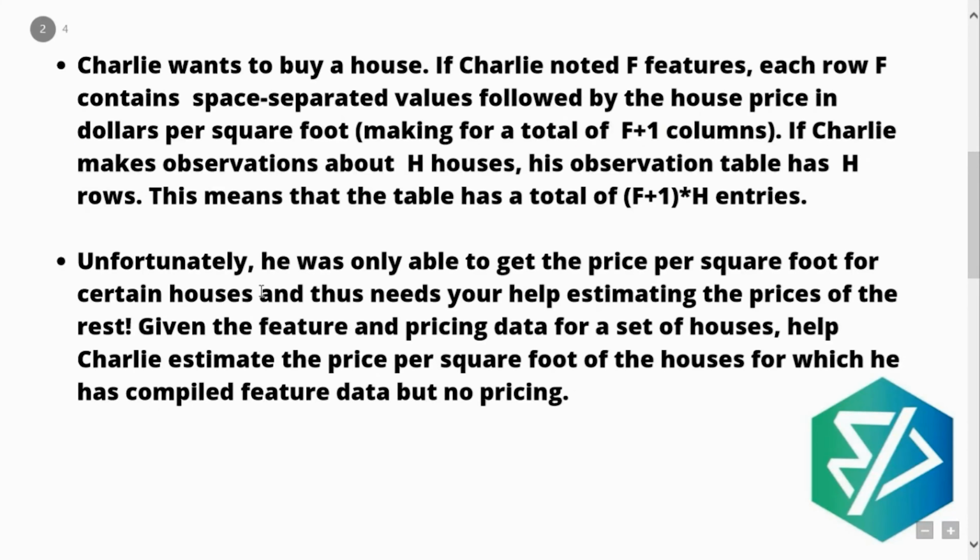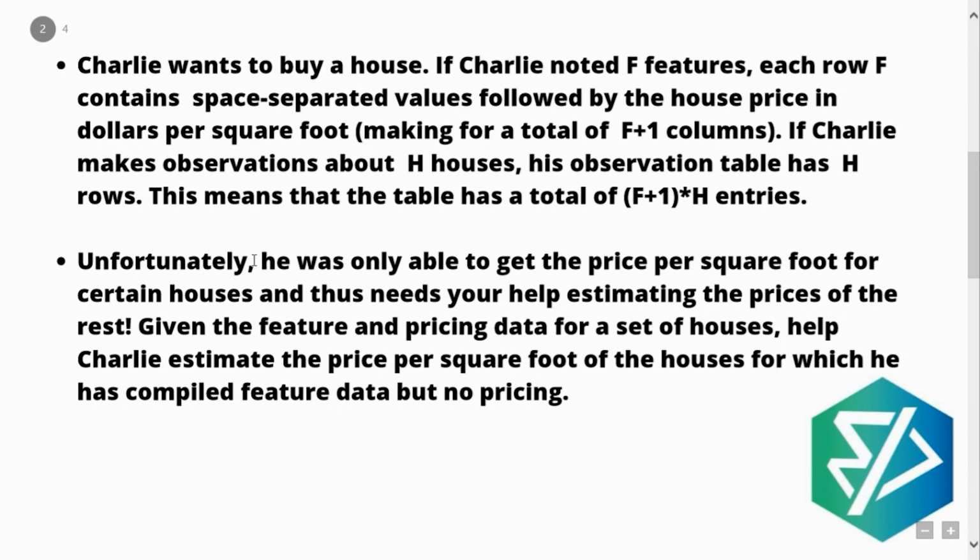But if he has made the observation about H houses, which means if the observation table has H number of rows, then the total observations are F plus 1 into H entries. Here F plus 1 is nothing but the number of columns and H is the number of rows, which means he has a total of these many observations or entries.